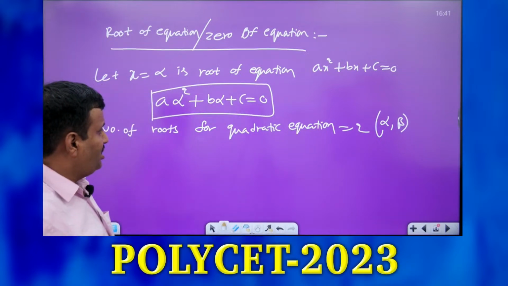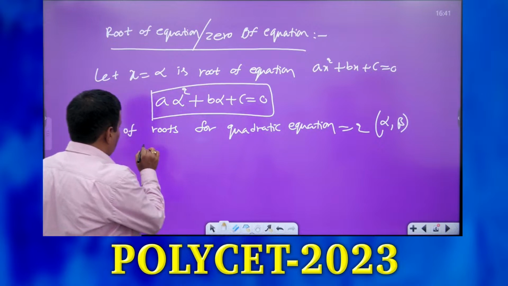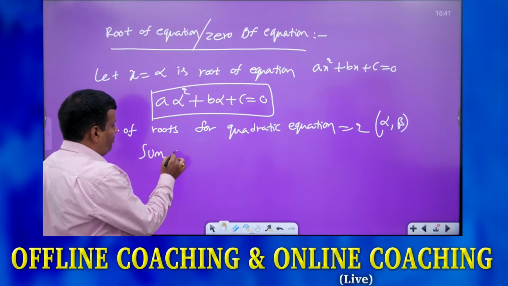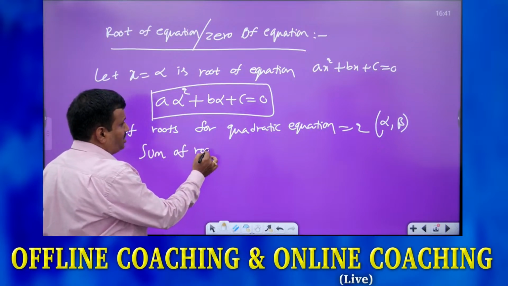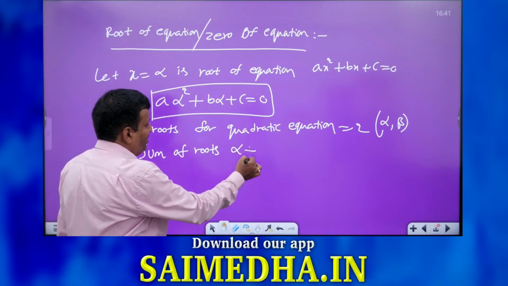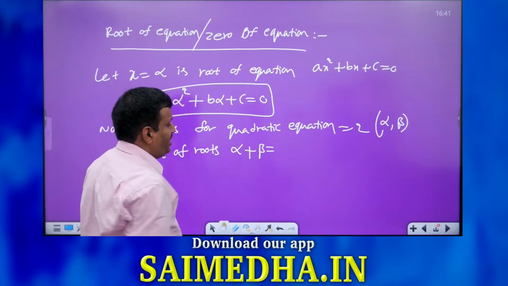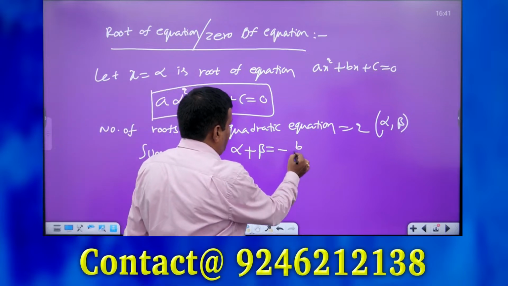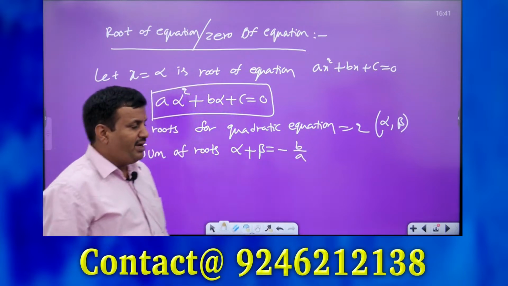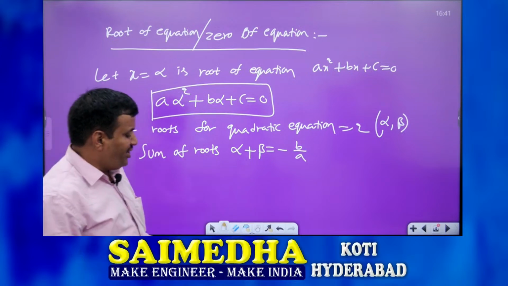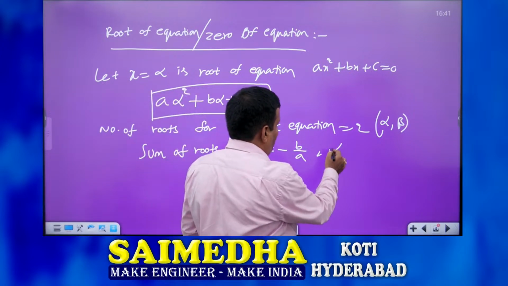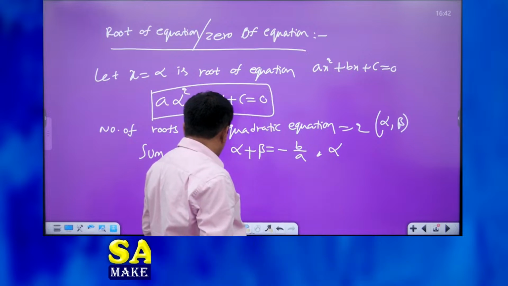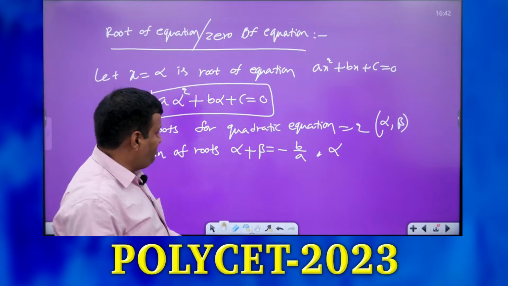Then what is the sum of the roots here? Sum of roots, alpha plus beta. We have the standard formula: alpha plus beta is equal to minus b by a. And the product of the roots, what is the formula? Product of roots is equal to c by a. These two are very, very important formulae. Sum of the roots is minus b by a.